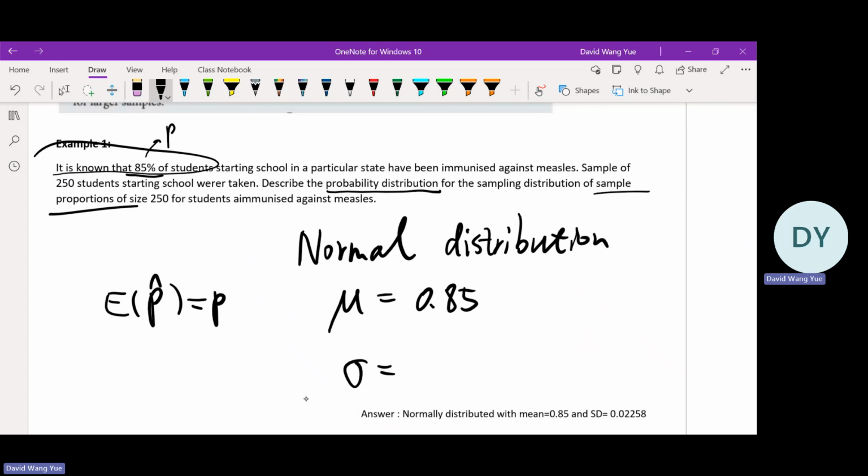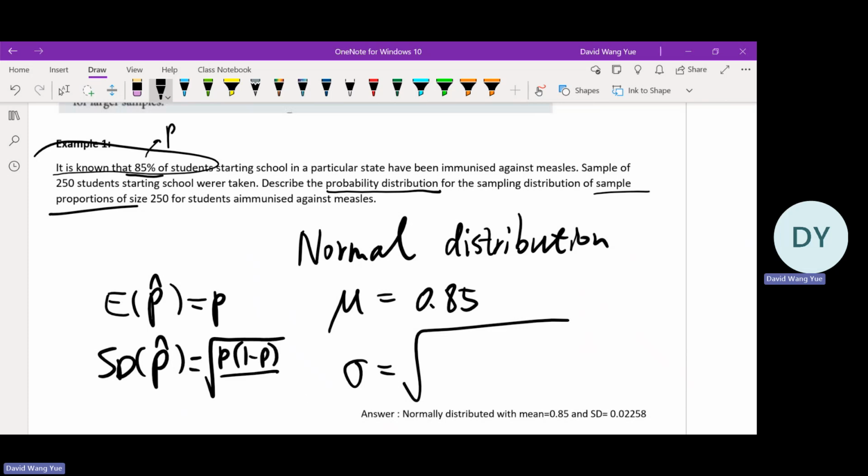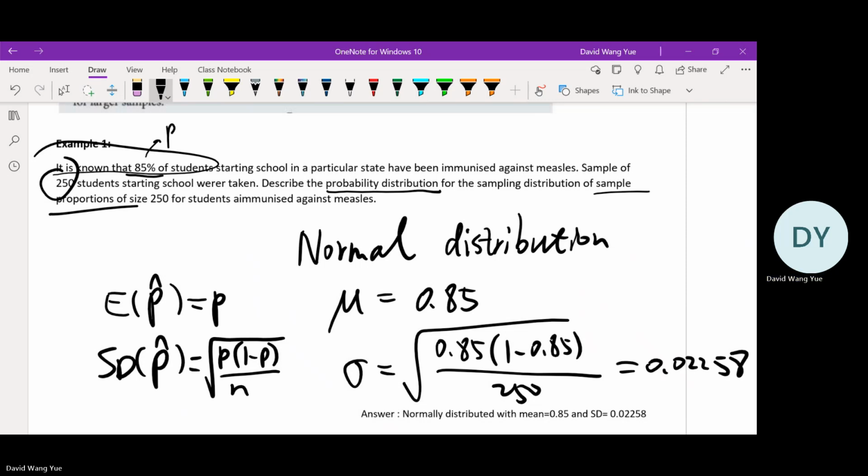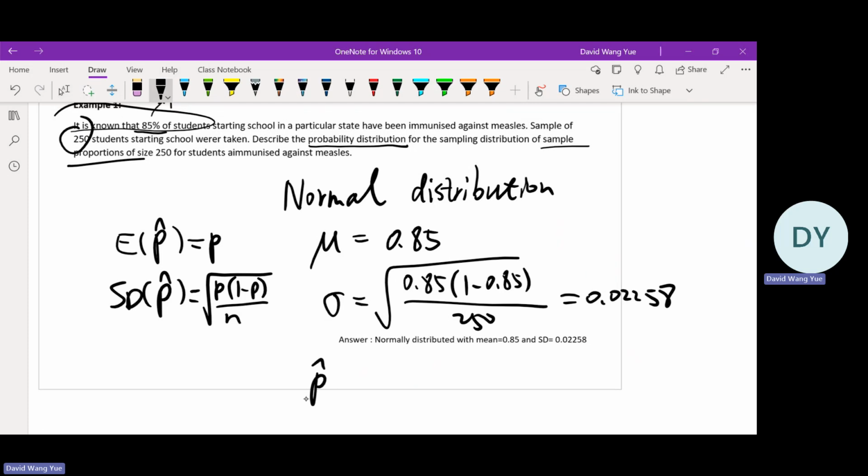The standard deviation is the square root of the population proportion times 1 minus it, over the sample size. So the square root of 0.85 times 1 minus 0.85, divided by the sample size. You can rewrite it as the sample proportion following a normal distribution with mean 0.85 and standard deviation 0.02258, squared for the variance.